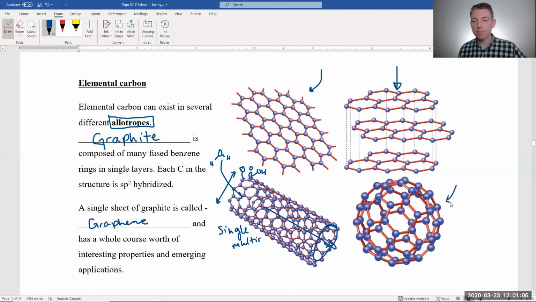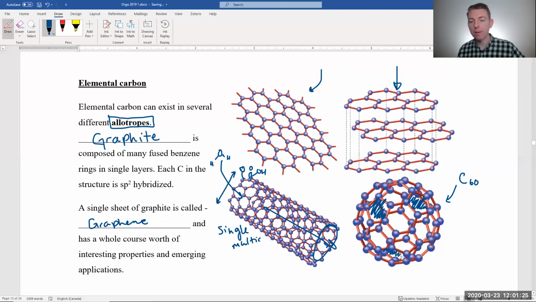Yeah, and so C60, if you get 60 carbons to arrange themselves in just the right way, actually just the right way is the same way as a soccer ball. If you colored some of these in, it would look exactly the same.